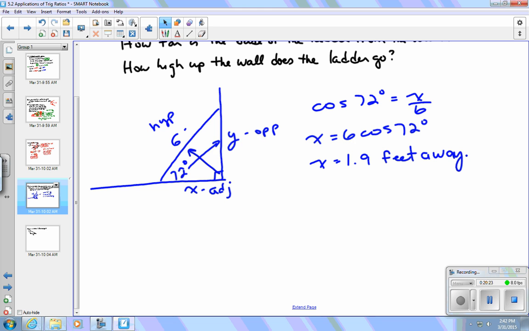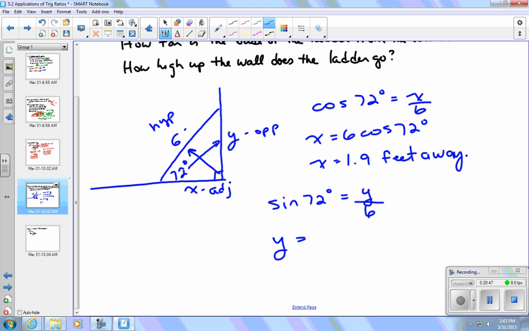And again, we have a couple of options here. Because we know 2 of the sides, we could use Pythagorean theorem, but I'm going to use a trig ratio to do it. Y is the opposite, and 6 is the hypotenuse. Opposite and hypotenuse gives me sine. So the sine of 72 degrees is equal to y over 6. And again, I'm just going to rearrange that equation like I did the previous one.